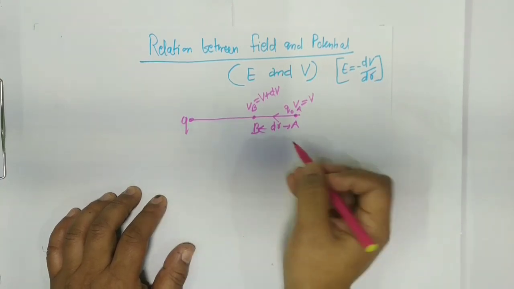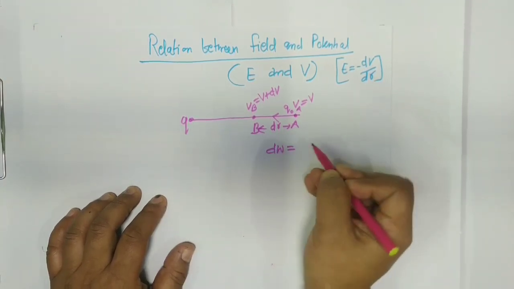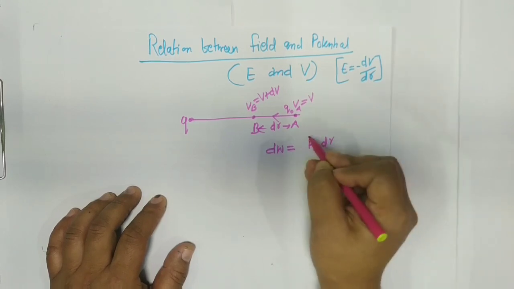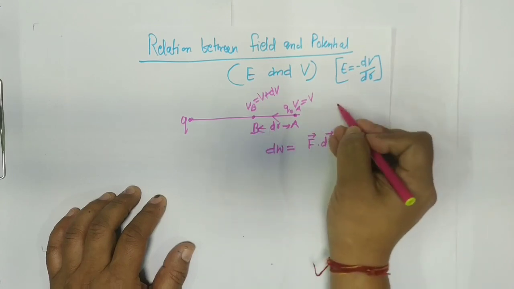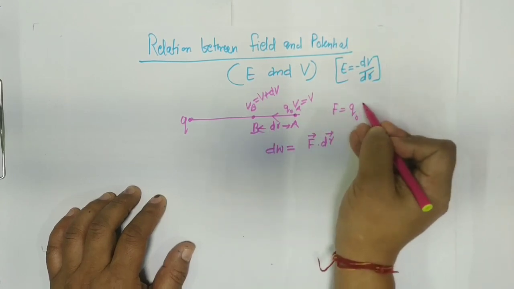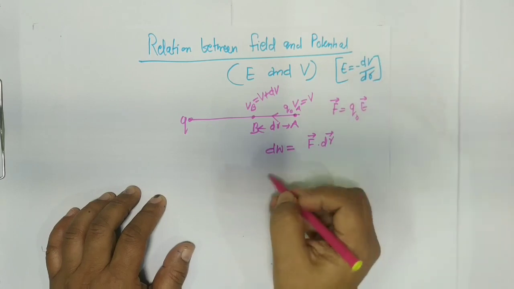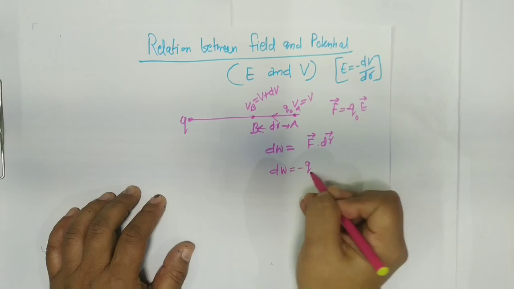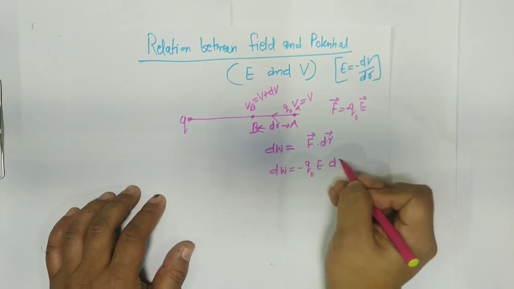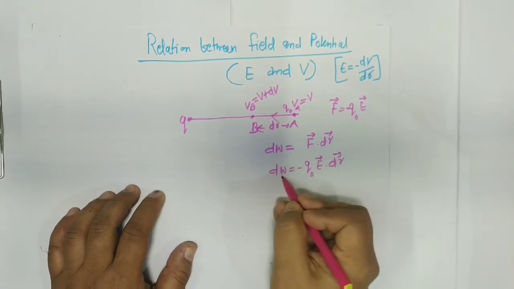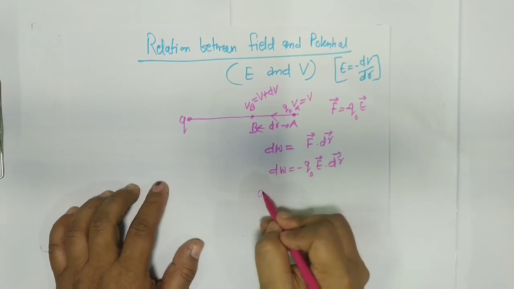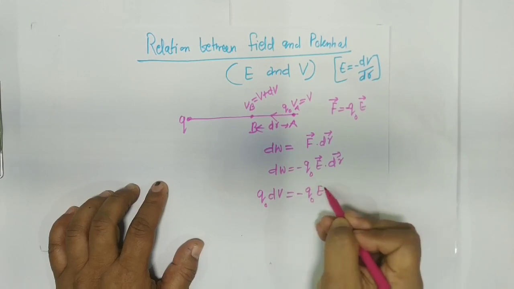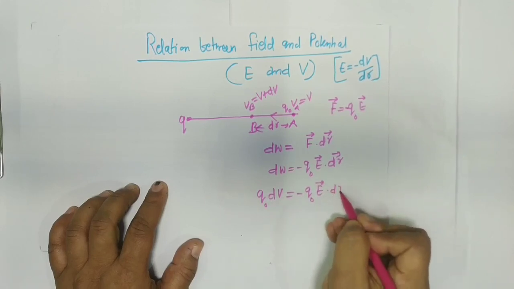So we take the charge and we know that dW is the work done. dW will be F dot dr. And because we move against the electric field, F is Q naught into E, so it is negative. So dW will be minus Q naught E dot dr, and dW is Q naught into dV.